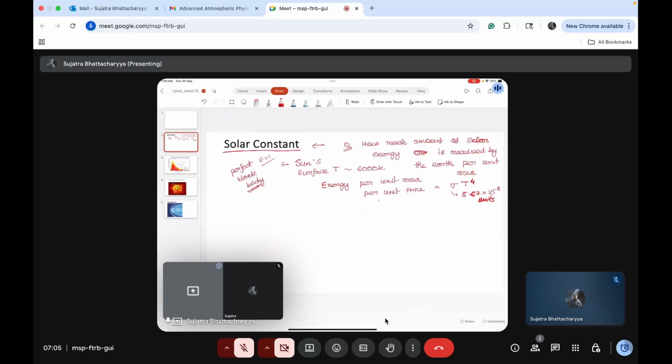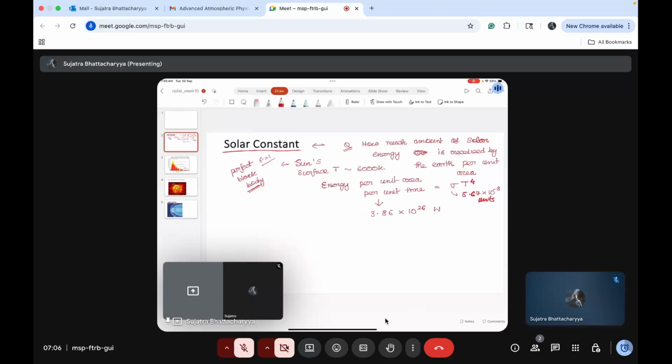If you calculate all these things, the energy emitted by the sun based on its temperature is 3.86 into 10 to the power 26 watts. This is the total amount of energy being released.